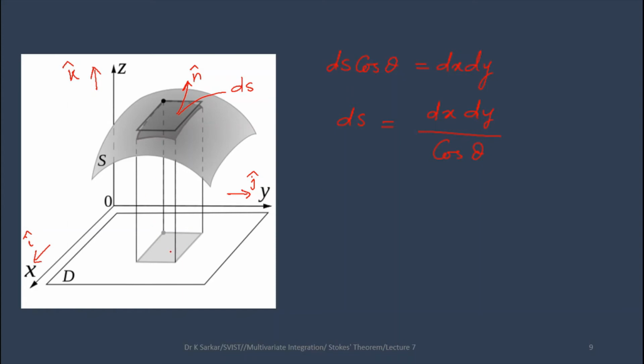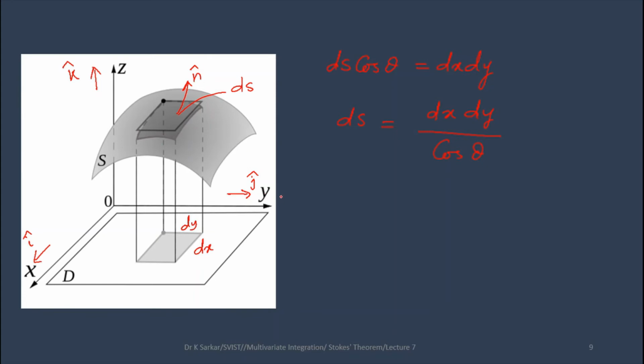Look here, this is dy and this is dx. The unit outward normal vector to the xy plane is k and the unit outward normal vector to the surface S is n.